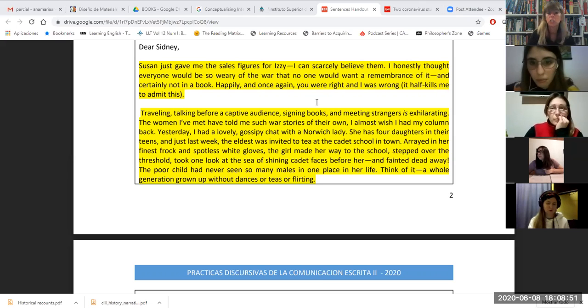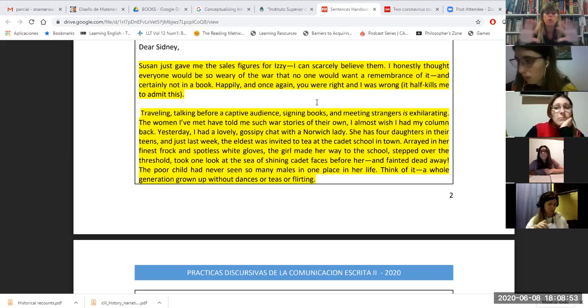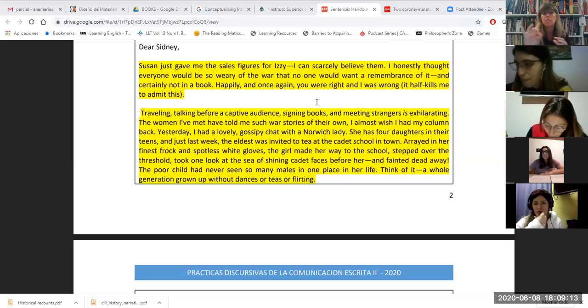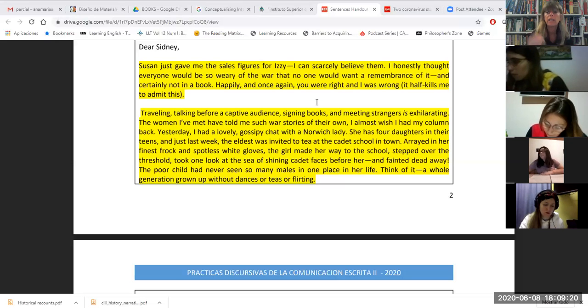So there are two clauses. And these two clauses are joined by the hyphen. There is no coordinating conjunction like and or but; there is a hyphen which is connecting these two clauses. That's why this is a compound sentence, all right?